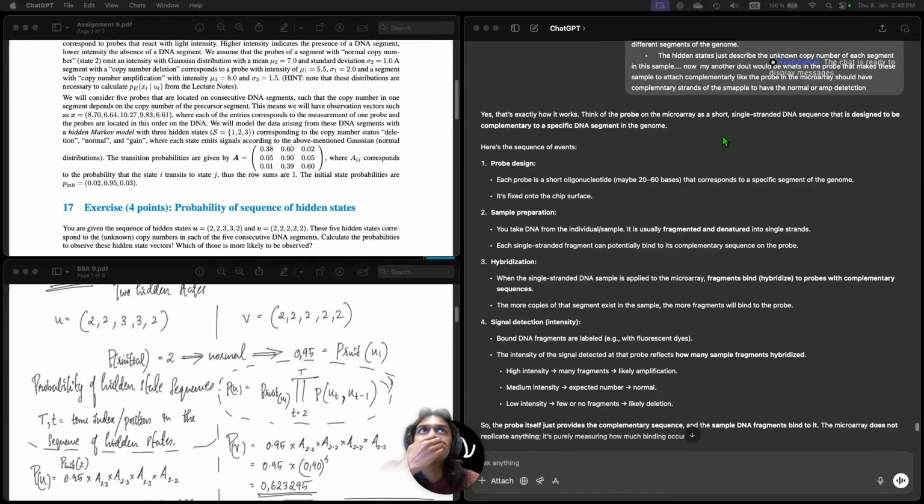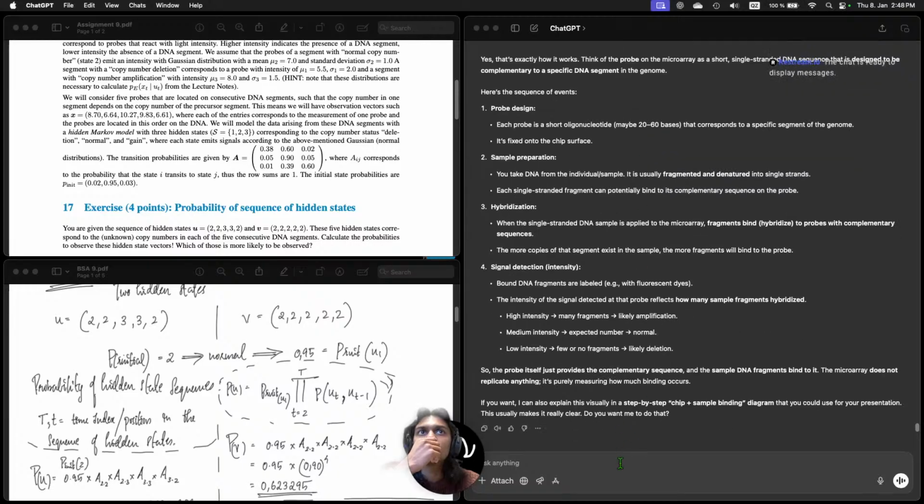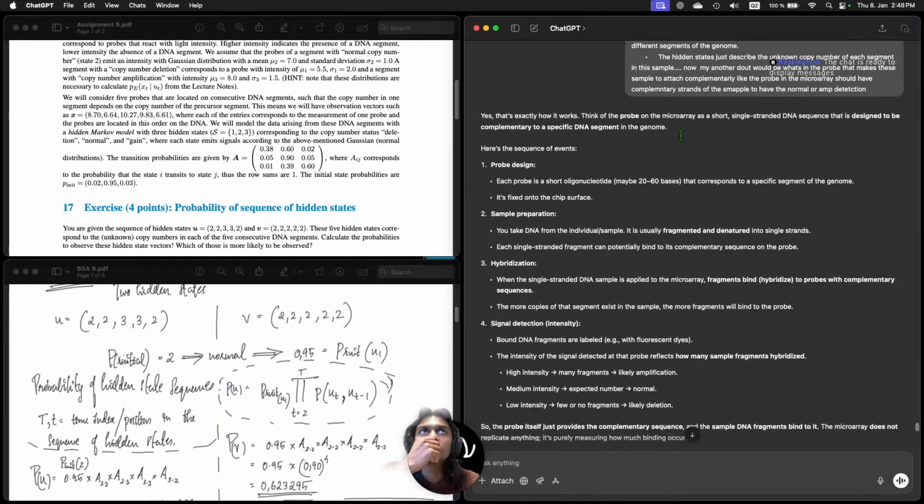Think of the probe of a microarray as a single-strand DNA sequence that is designed to be complementary to the... I think from the probe we... Okay, so is this how we sequence?